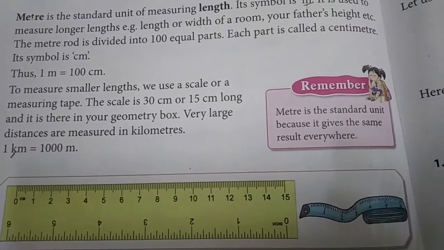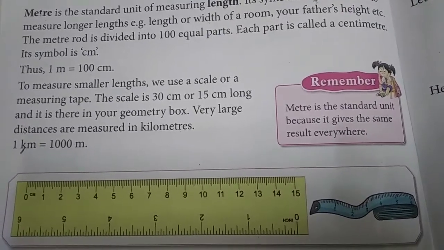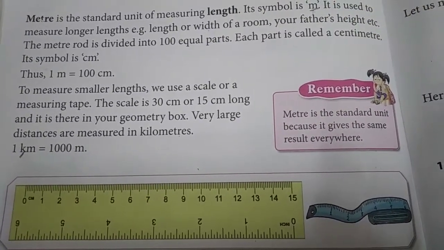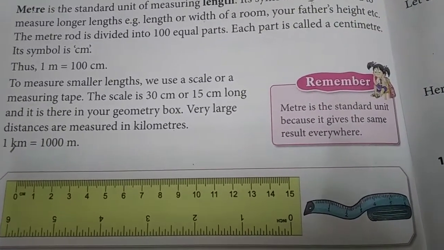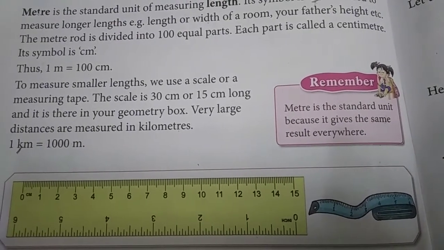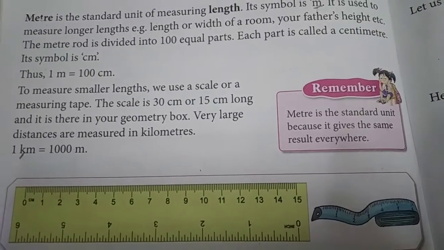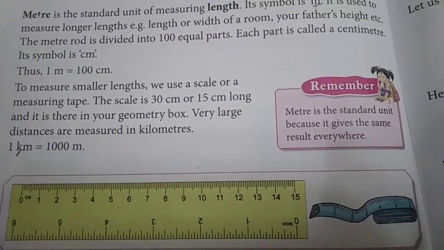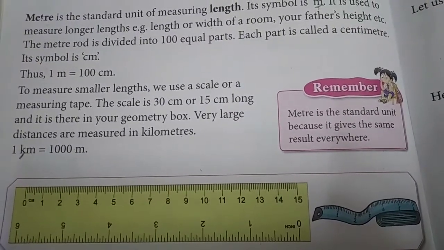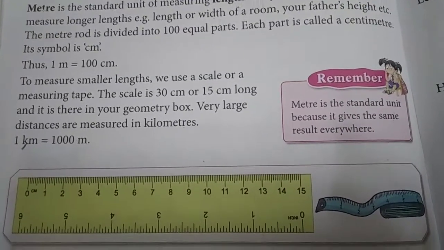So meter, centimeter and kilometer are all units of length. And 1 meter is equal to 100 centimeters and 1 kilometer is equal to 1000 meters. Kilo means always remember, 1000 only.